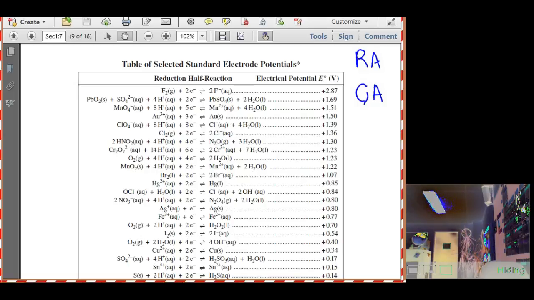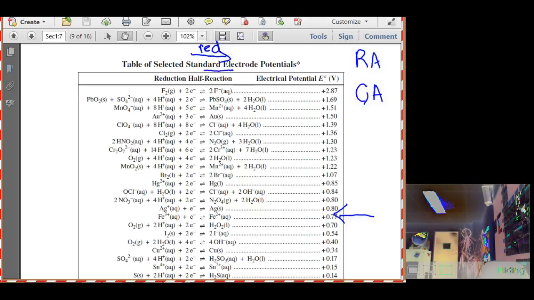Okay, please locate iron 3 positive to iron 2 positive on your data table. If I read this table from left to right, it is a reduction equation. So it's oxidizing agents on the left.